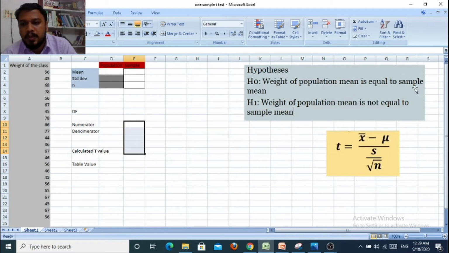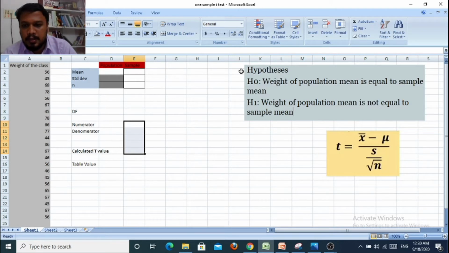Now we are going to compare the sample mean. The null hypothesis is that the population mean and sample mean are equal. The alternate hypothesis says both are different. This is what we are going to find out in the one sample t-test.